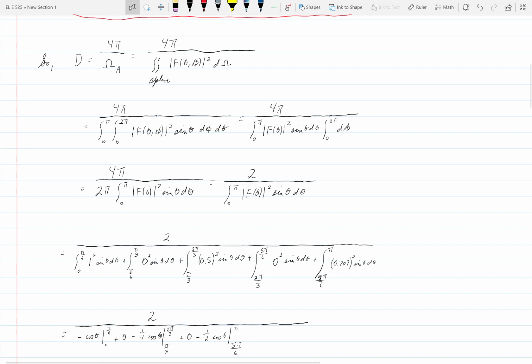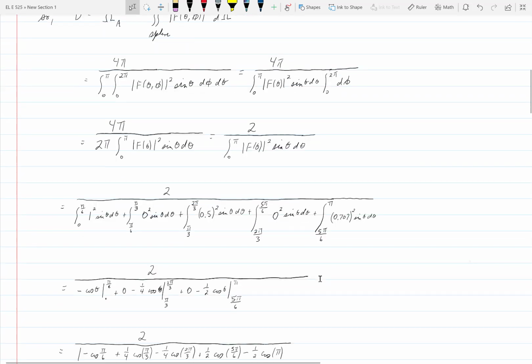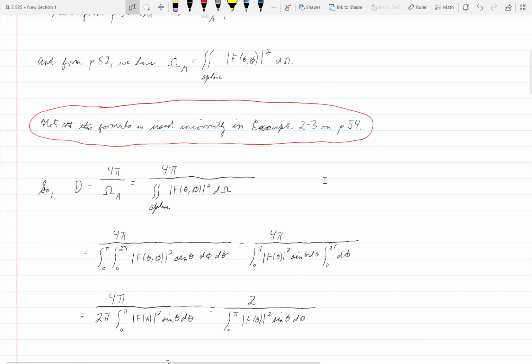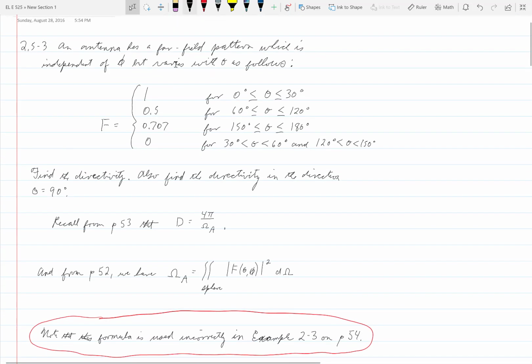Now the only challenge here is that we need to break up this integral into different parts, because the magnitude of f of theta squared has different expressions or different values over different ranges of theta. Recalling up here, when we square this, it will be equal to 1 from 0 degrees to 30 degrees, and then it will be equal to 0.5 squared from 60 degrees to 120 degrees, and 0.707.